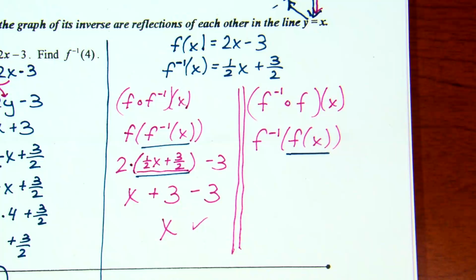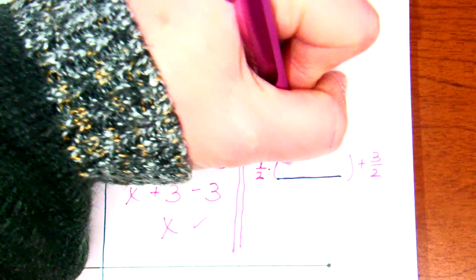Yep, plugging f into f inverse. So my f inverse that I'm starting with is 1/2 x, whatever that is, plus 3/2. And so what am I plugging in for x there? Whatever f of x is, which is 2x minus 3.